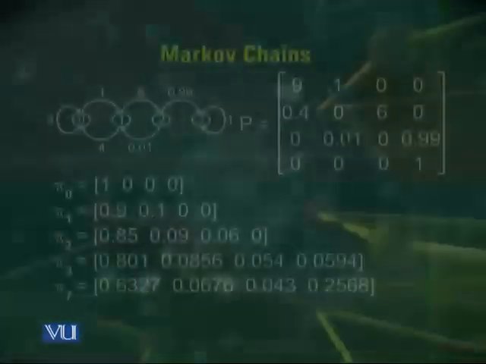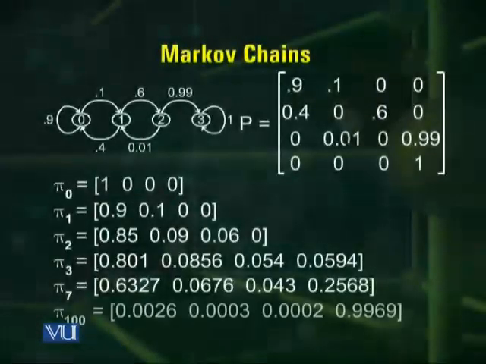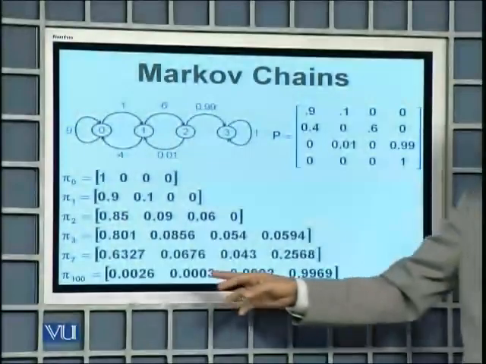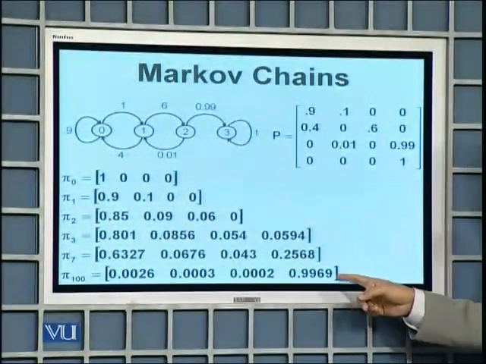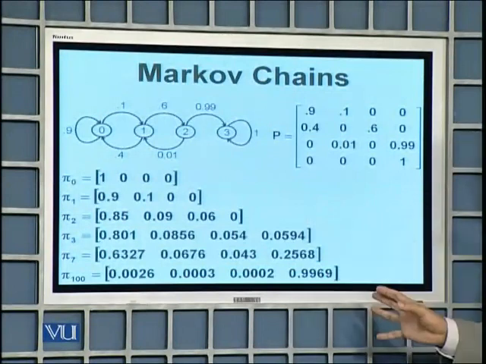If you continue this process and look at the 100th distribution, the distribution of the 100th random variable, the state of this Markov chain at 100th observation time, then you see a nice property here that with 99.69% probability the person has performed Hajj.